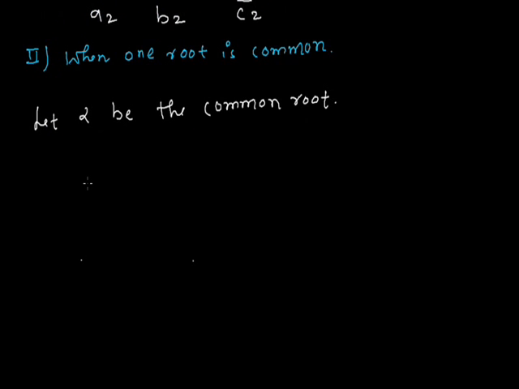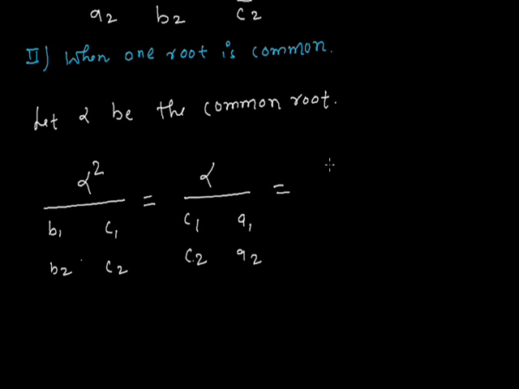If alpha is the common root in both equations, then it will definitely satisfy both equations. From the first and second, we can find the value of alpha by using the cross multiplication method: alpha square upon b1 b2 c1 c2, similarly alpha upon c1 c2 a1 a2, and 1 upon a1 a2 b1 b2, and we cross multiply b1 to c2, b2 to c1, and c1 to a2.